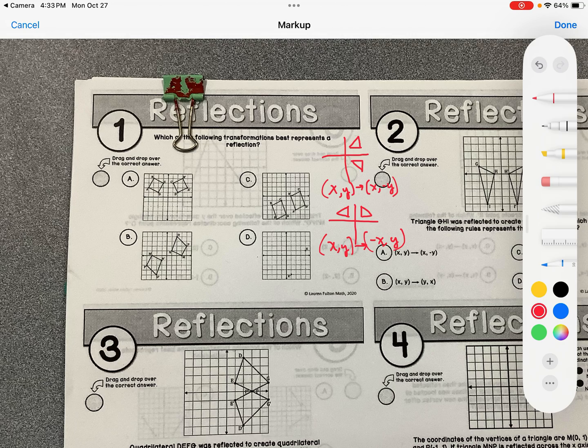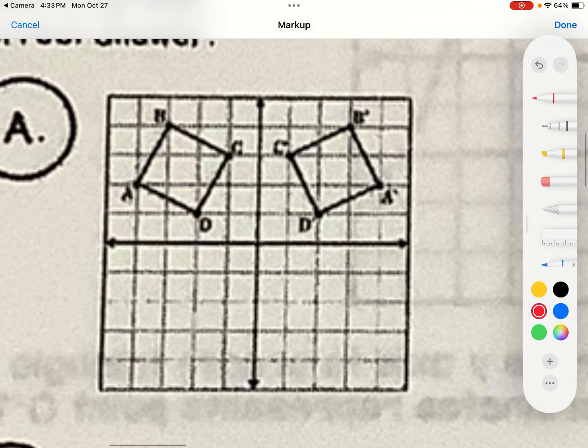So I'm going to start with A. So I'm looking at -1, 1, 2, 3. +1, 1, 2, 3.